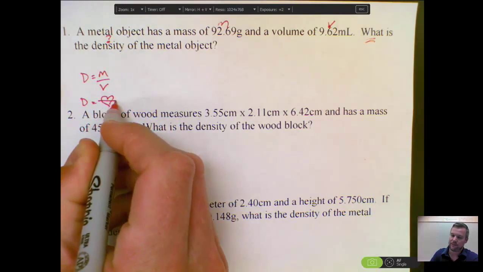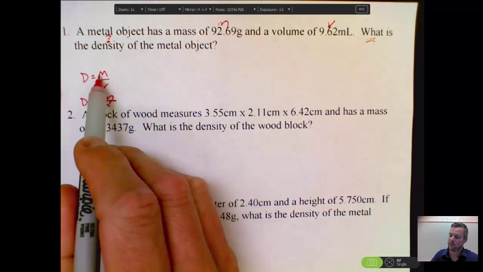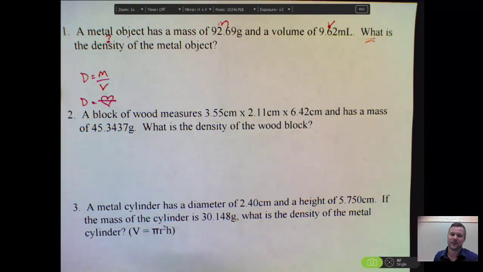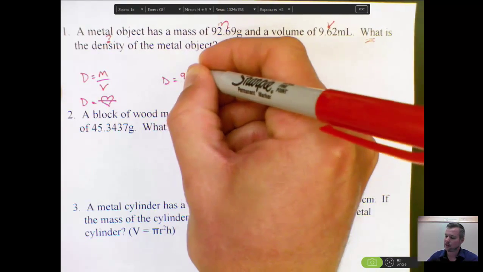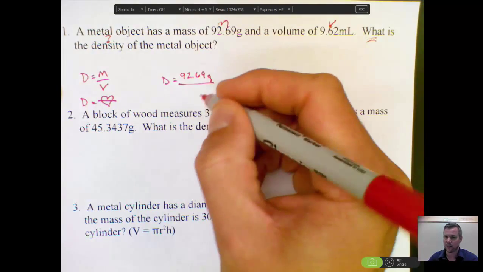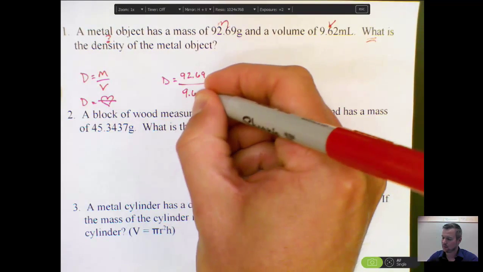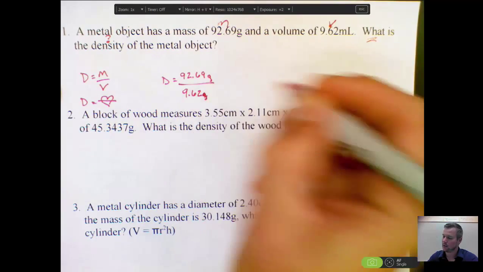In fact, I might love it. So cut the heart in half, you have an M over a V, an M over a V. What's not to love about density? Then you're going to sub in your numbers. So D is equal to the 92.69 grams divided by the 9.62 grams. Oops, excuse me. That would be milliliters.